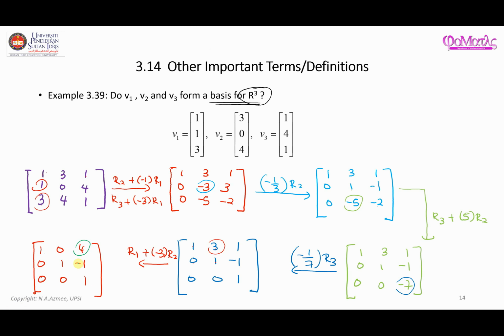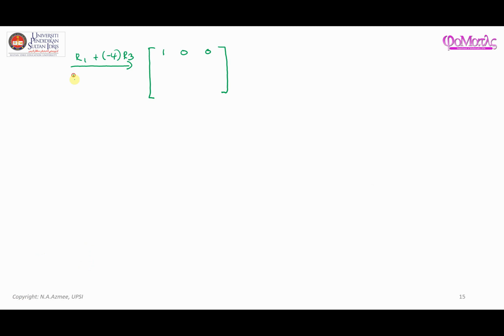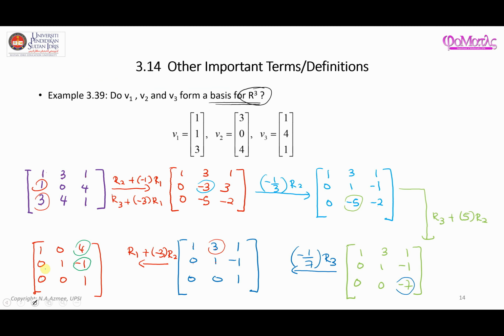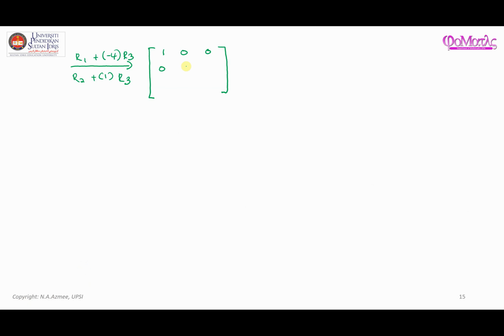Also, this part has to be 0 as well, so you can consider the process of R2 plus 1 R3. And because of that, 0 and 0 is 0, 1 and 0 is 1, negative 1 and 1 will be 0. So the result here will be 0, 1, 0, and at the bottom is 0, 0, 1. So this is RREF.